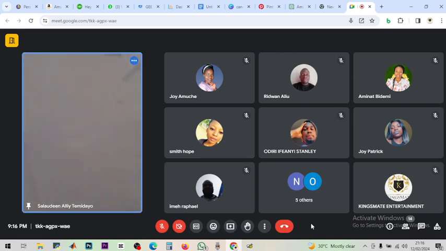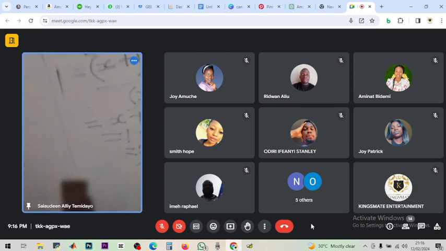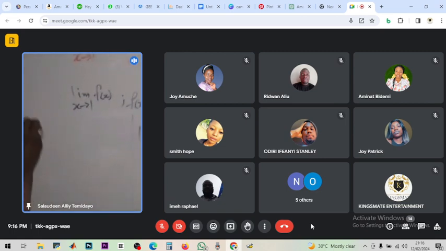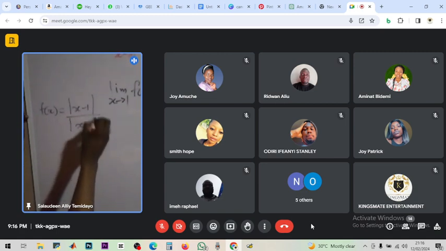Modulus. Let's take the second one that has modulus. So it is f of x equals modulus x minus 1 over mod x minus 1.